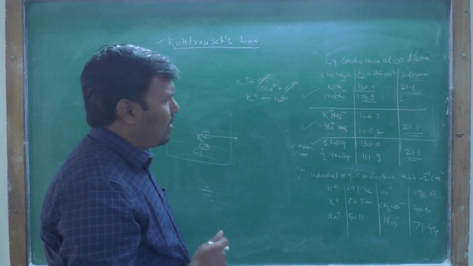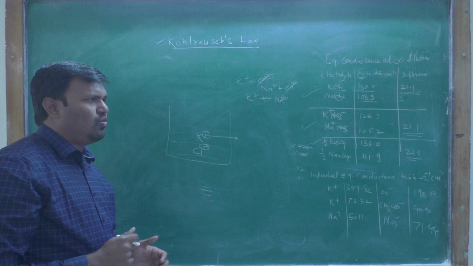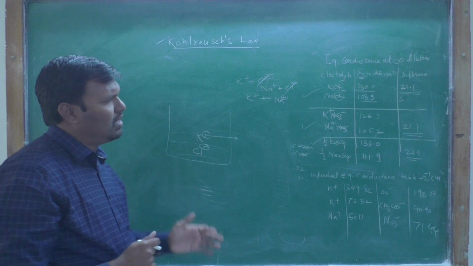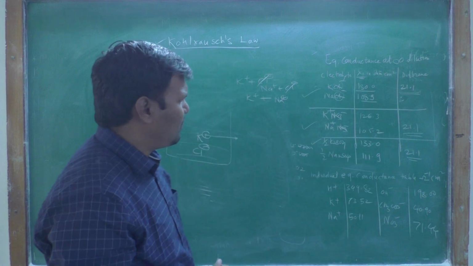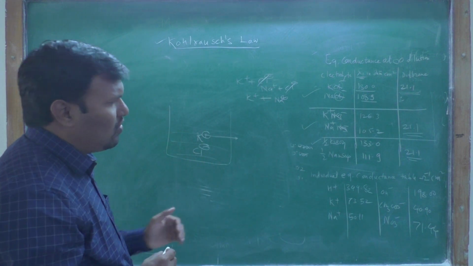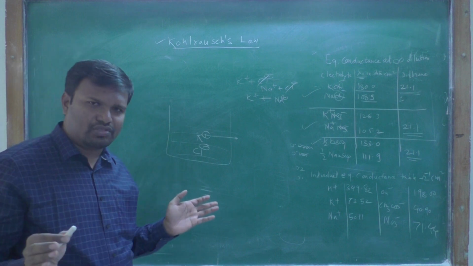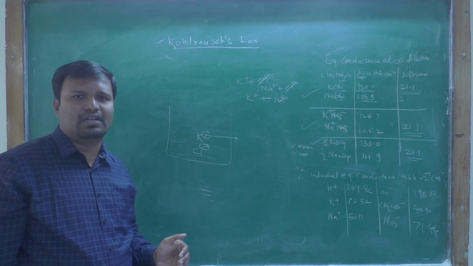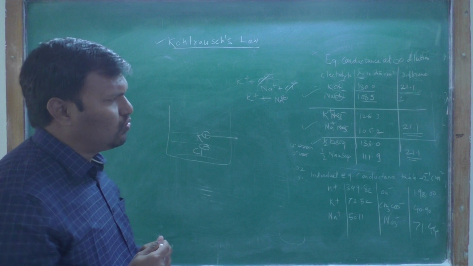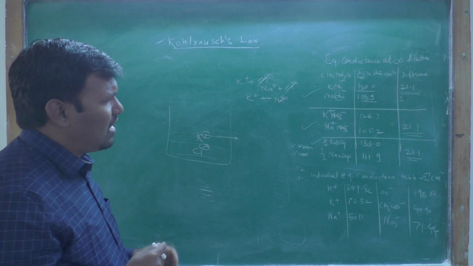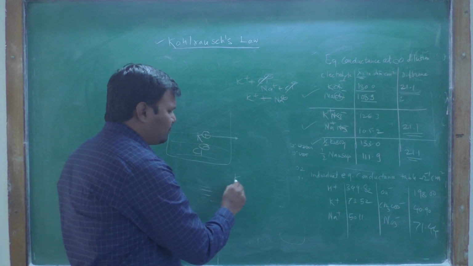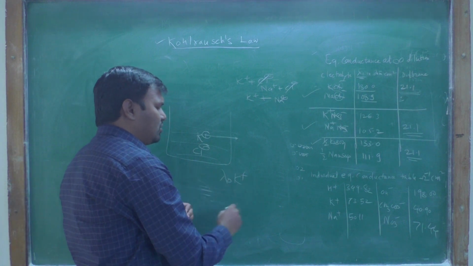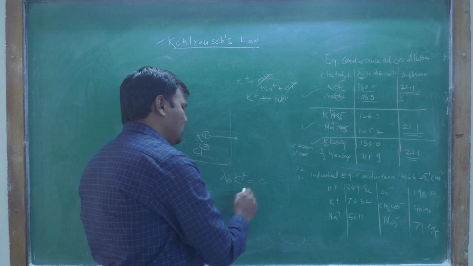It means the K plus lambda 0 value is fixed and the Na plus lambda 0 value is fixed, and then this difference came. Lambda 0 is the equivalent conductance at a very dilute solution. Therefore at very dilute solution, the lambda 0 of K plus is a constant and the lambda 0 of Na plus is constant.